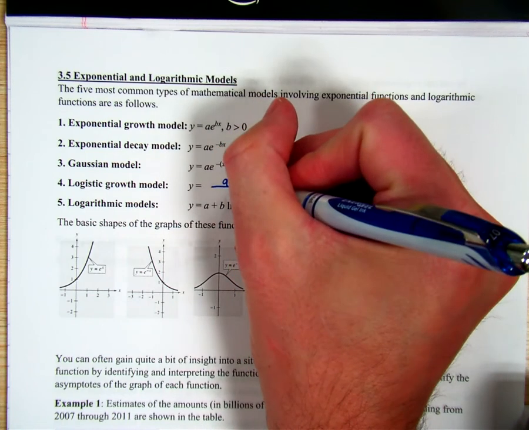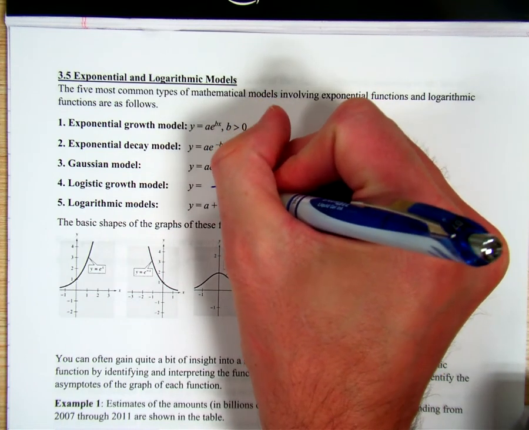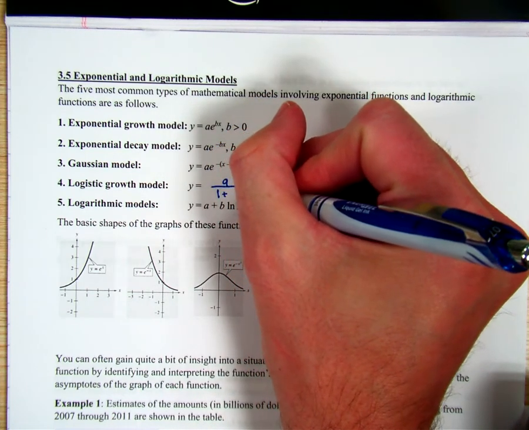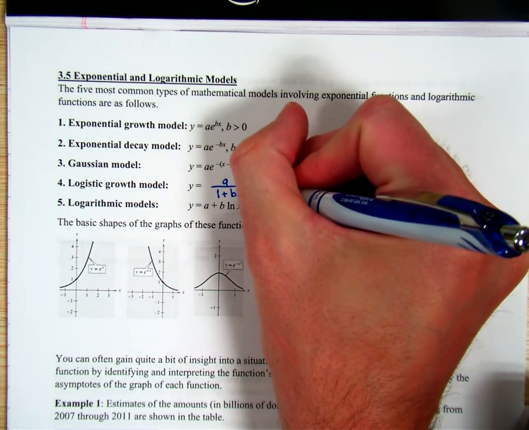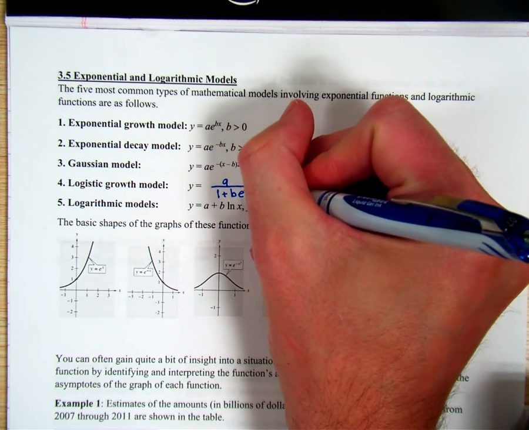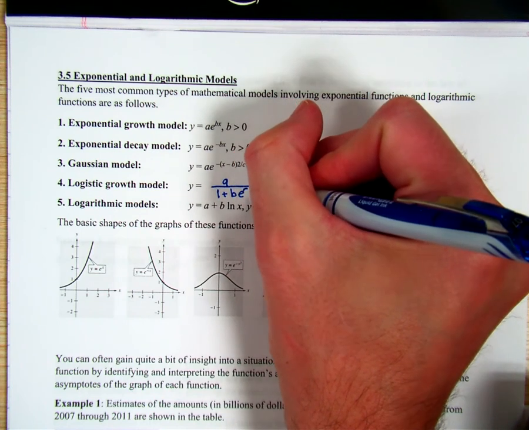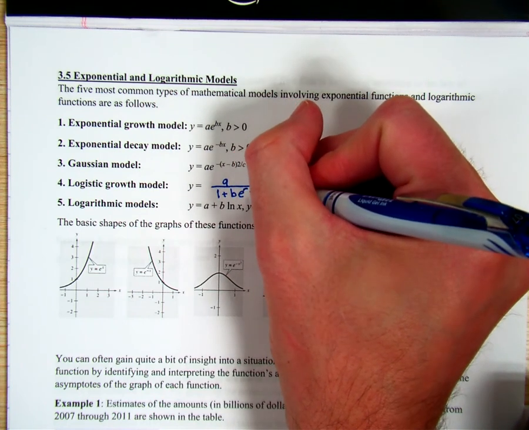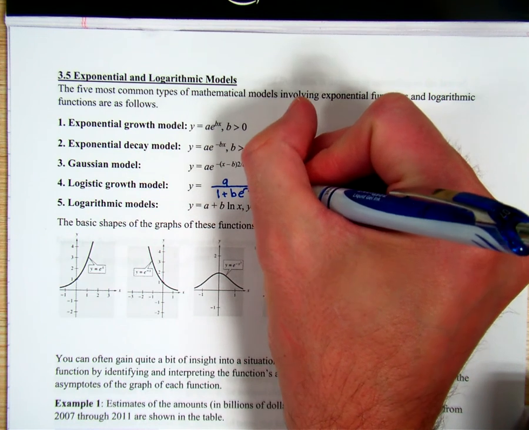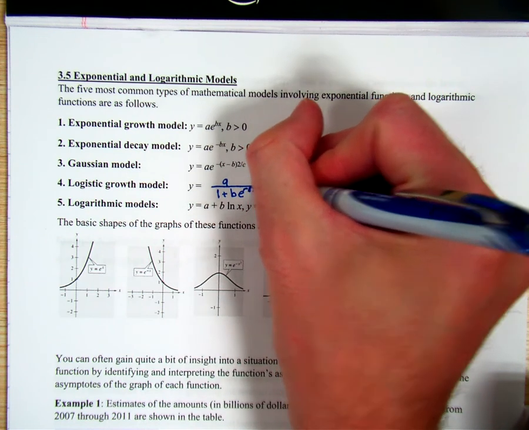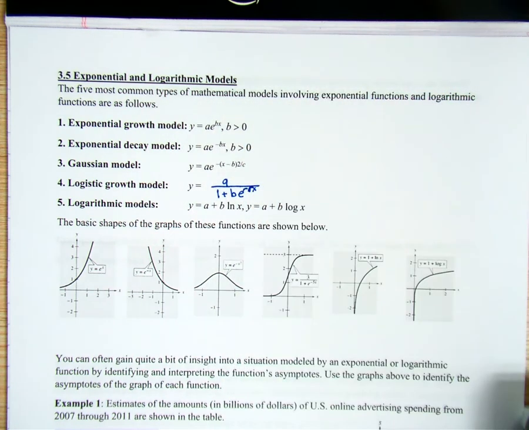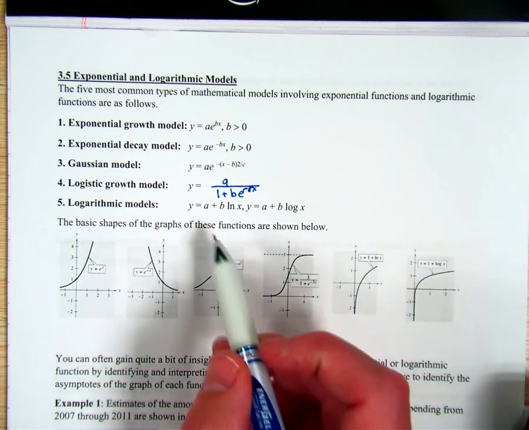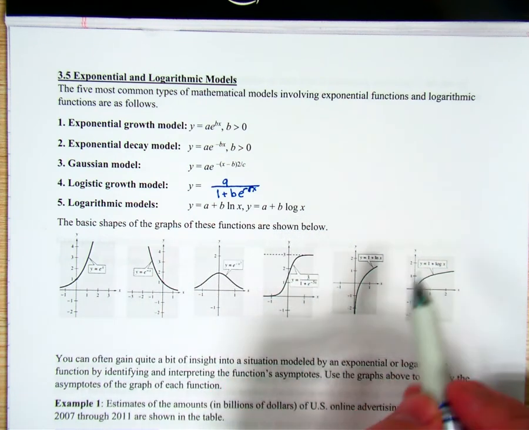A on top, 1 plus B times E to the negative Rx, rate times x, negative Rx. And there are our logarithmic models using natural log or log.